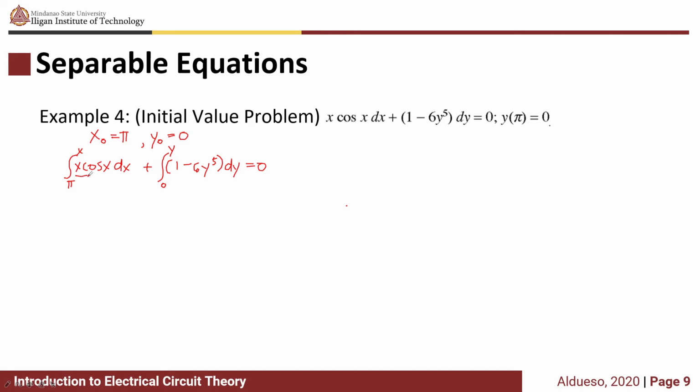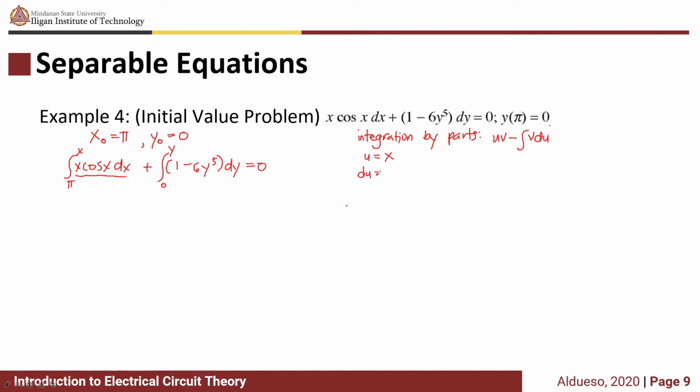You can solve this term using integration by parts. Integration by parts, we have uv minus the integral of v du. Let's assign u as x.